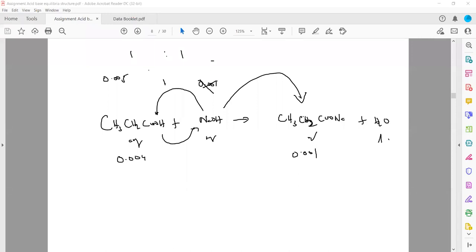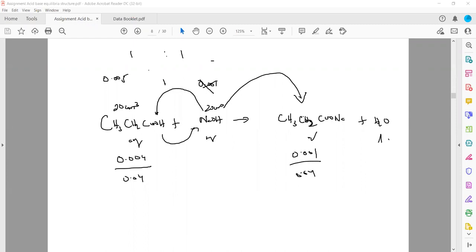Now these are the moles, but to get the concentration, it is moles divided by volume. We mixed 20 cm cube of acid with 20 cm cube of alkali, so the new concentration will be moles divided by the new volume, which is 40 cm cube, or 0.04 dm cube.